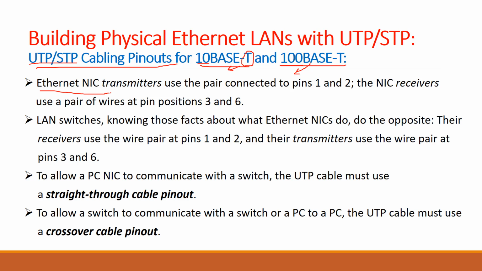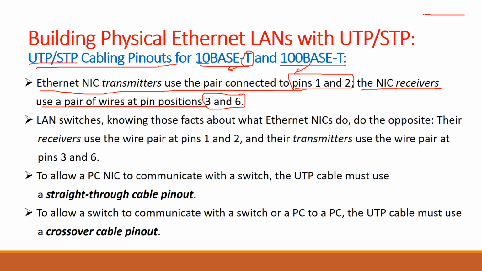Ethernet network interface card transmitters use the pair connected to pins 1 and 2 for transmitting, and the network interface card receivers use a pair of wires at pin positions 3 and 6.